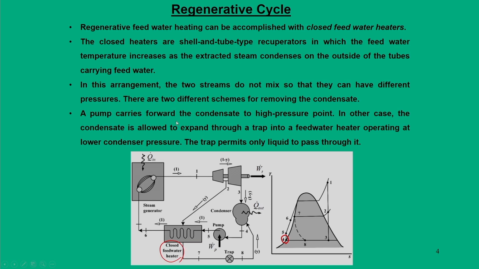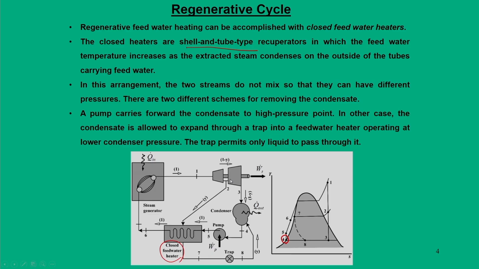And when you say this particular thermal circuit is for a regenerative feed water system, it involves a closed feed water heater. By closed feed water heater we mean a kind of shell and tube heat exchanger where the temperature of the steam is dropped, because it exchanges heat to the water that is at the outlet of the pump, and this heated water again goes to the steam generator at its desired pressure.